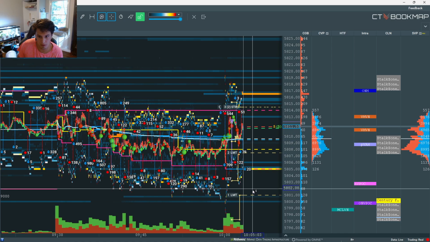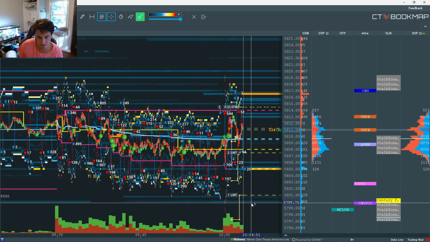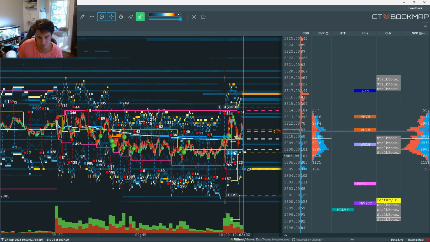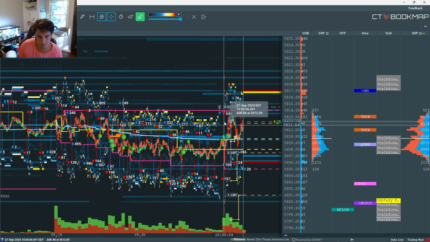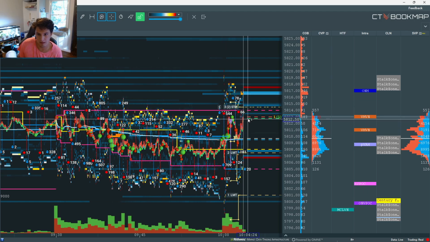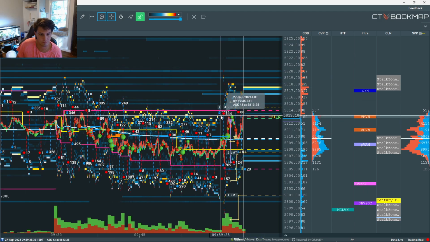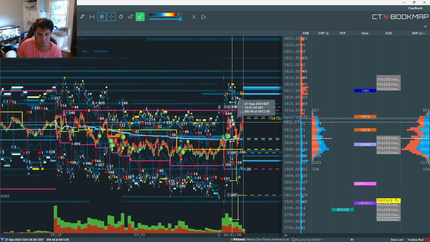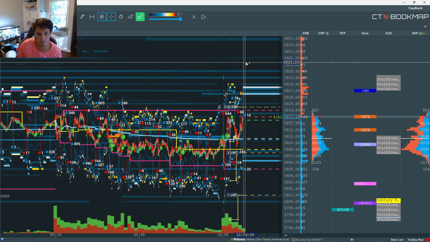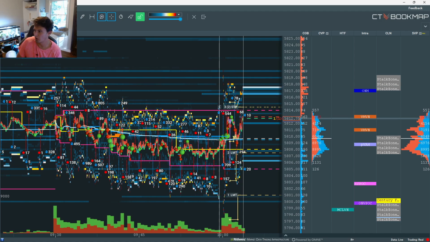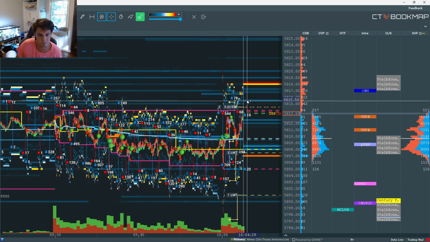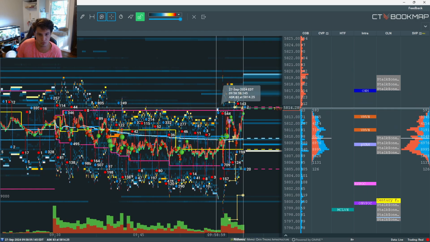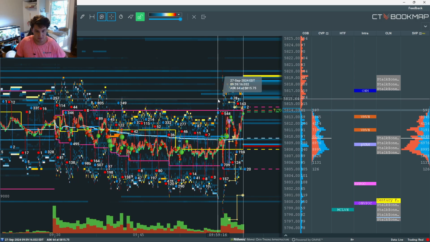And we want to target this area. We have the edge over here. And market tests into the DGPs. And it looks like that was too low. So there is my stop.